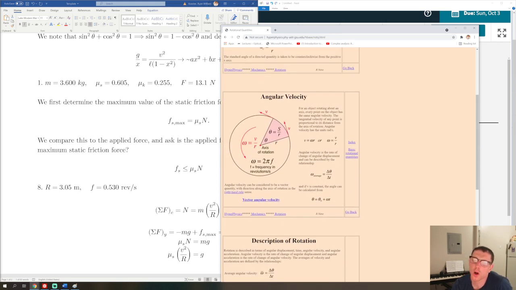Well, I think that what we want to use is V equals R omega, and I happen to know that omega is 2 pi f, right? 2 pi times the frequency.